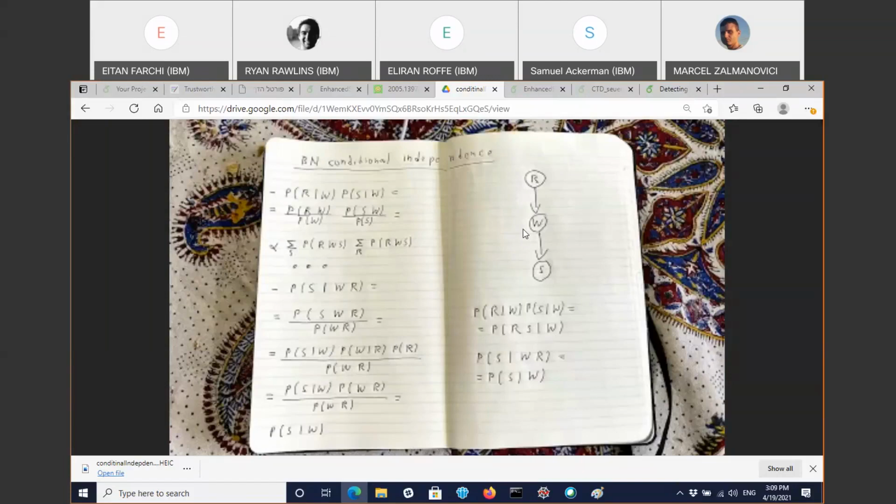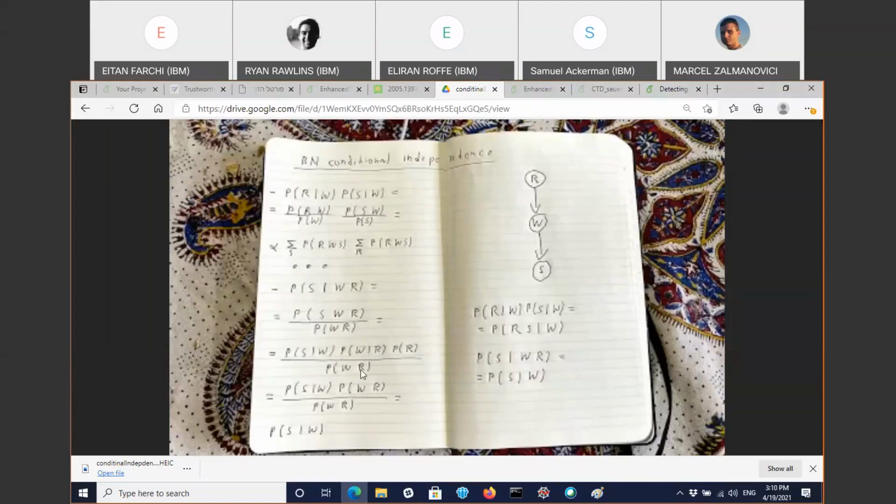Any network can be translated to a factorization where each probability depends on the parents. So the probability of W depends only on its parents, and the probability of S depends only on its parent. So that is equal to this given the network.